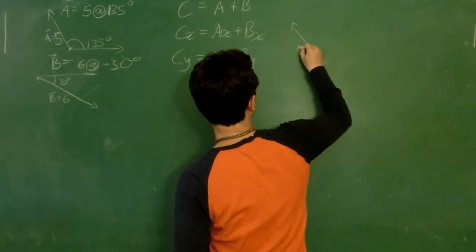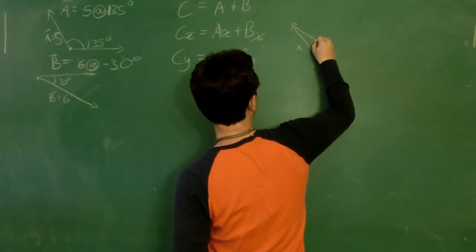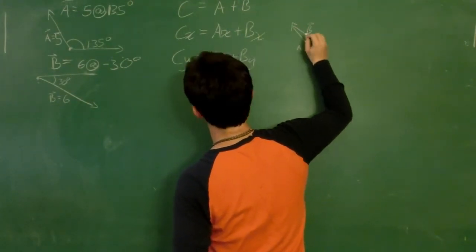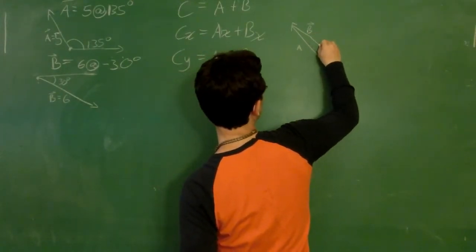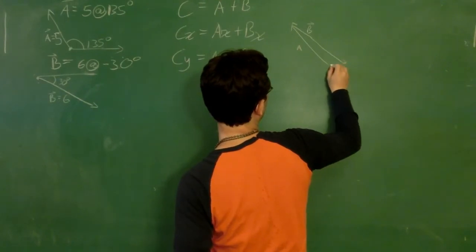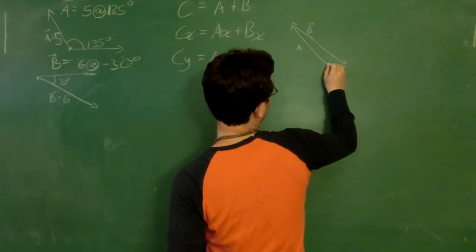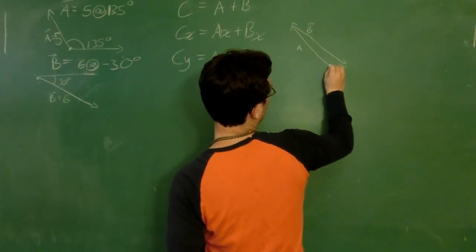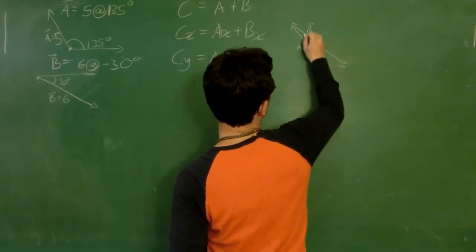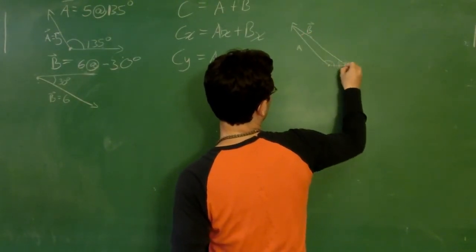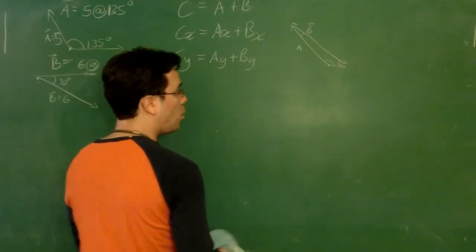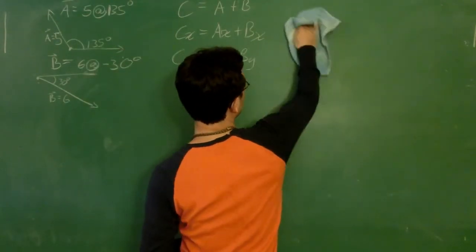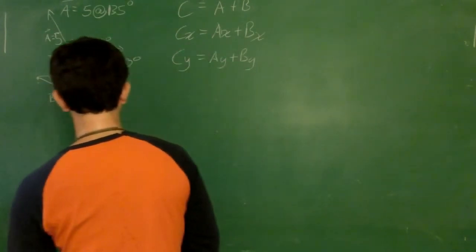So this is A. B would come back down like this, not drawn to scale. Let's see, A is 5, so B would be a little bit longer, something like this. And our end result would be C, which would start at the very beginning, go to the very end, but none of these angles are right angles, which means we can't do anything like the Pythagorean theorem or our trig functions. Those only work on right triangles.